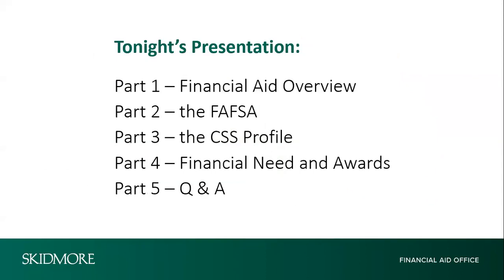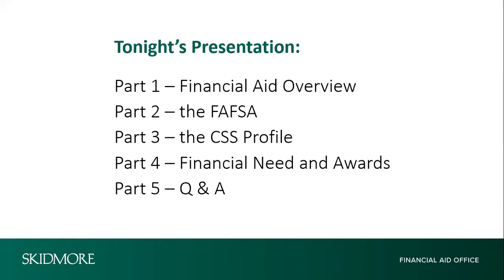So I have 5 sections to this presentation. I'm going to be happy to talk about general financial aid terms and principles, give you an overview, and focus a bit of the presentation on the FAFSA, the Free Application for Federal Student Aid, which all domestic students, U.S. citizens and permanent residents of the United States would need to complete.